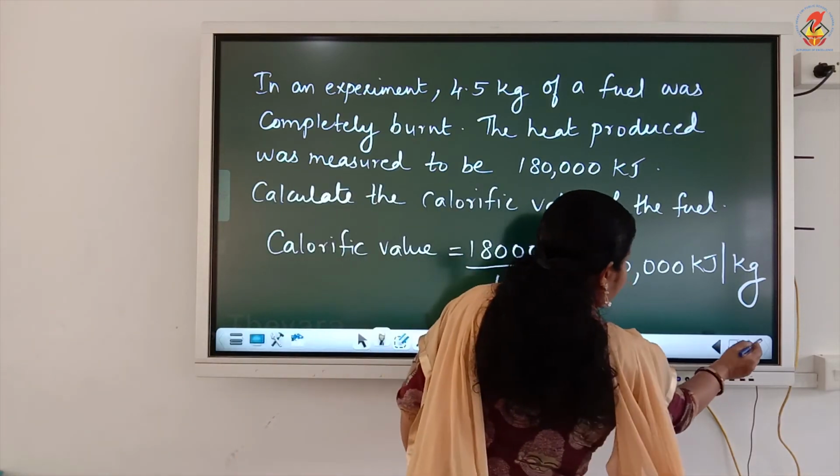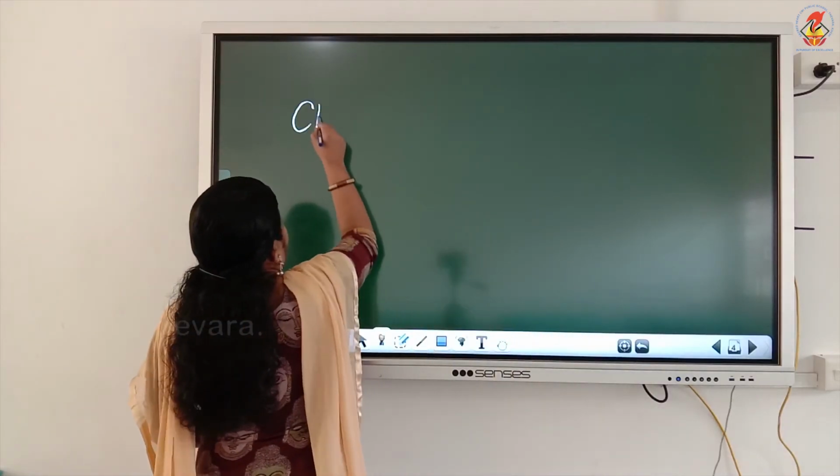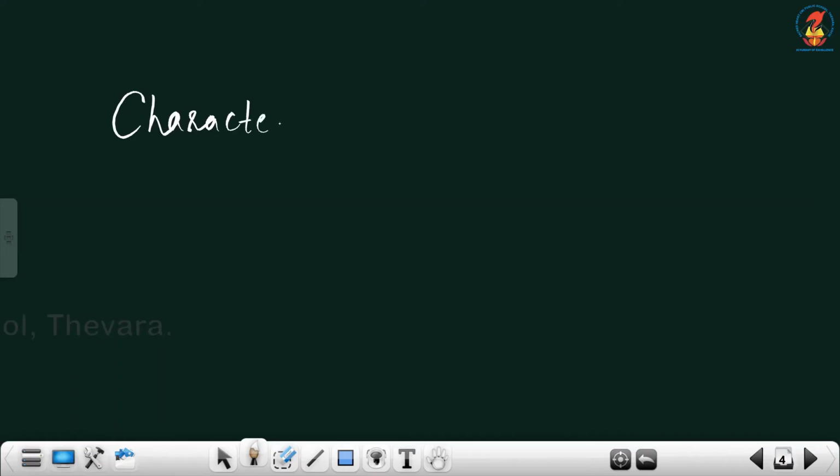Now the next topic is characteristics of a good fuel. What are the characteristics of a good fuel?